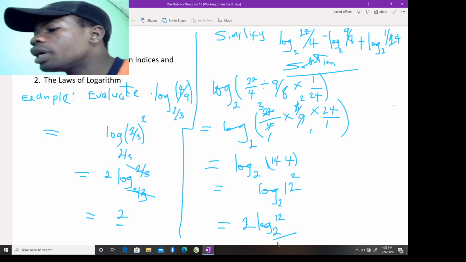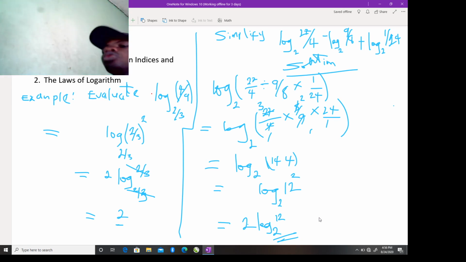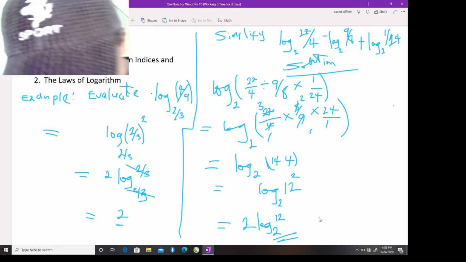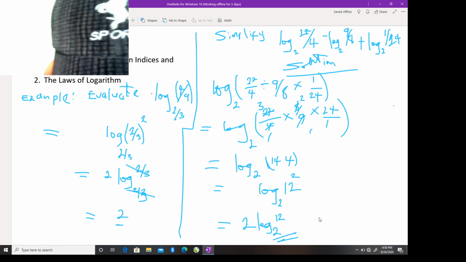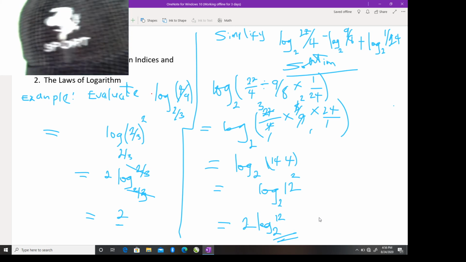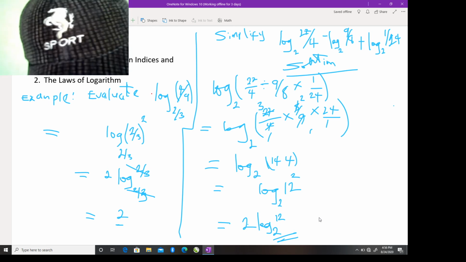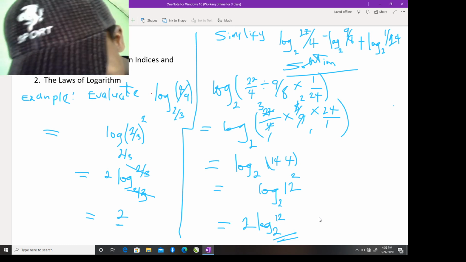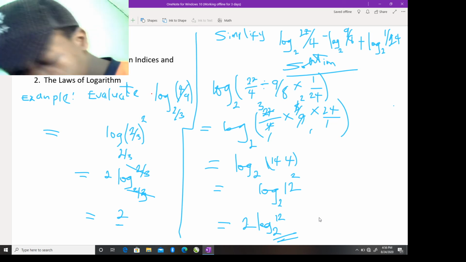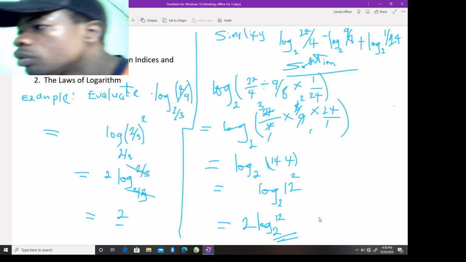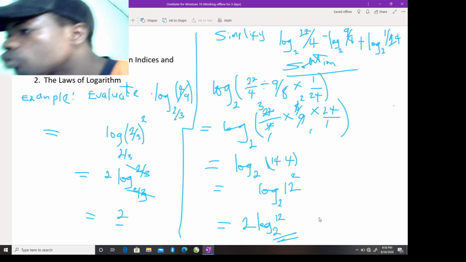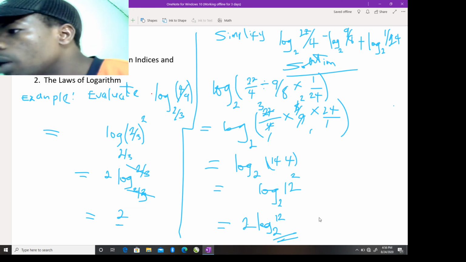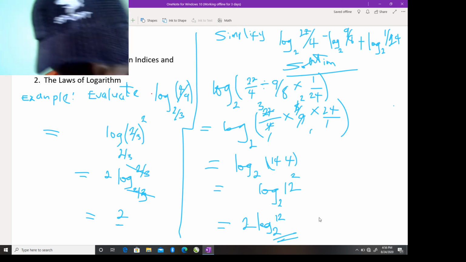You can't re-express 12 in the power of 2, so that's how you will leave your answer. That is how the answer will go, except you want to do, yes, 27 over 4 times 8 over 9. Let's change that. Okay, 2, 4 here 1, 9 here 1, 9 27, that is 3.